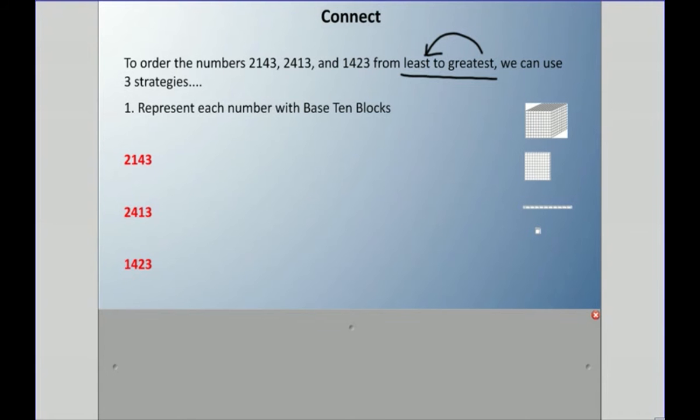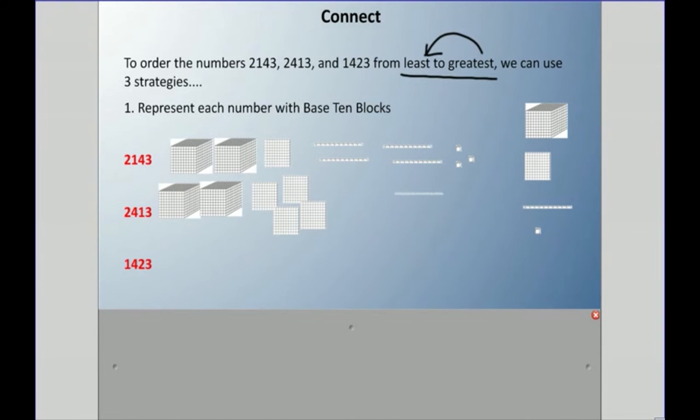So the first step is we're going to represent each number with base 10 blocks to see which one is the smallest and which one is the greatest. So 2,000, we have 140, 3, 4, and 1, 2, 3. That's what we learned last lesson, how to do this. Let's do another one. 2,413, and then I need 4 of these.